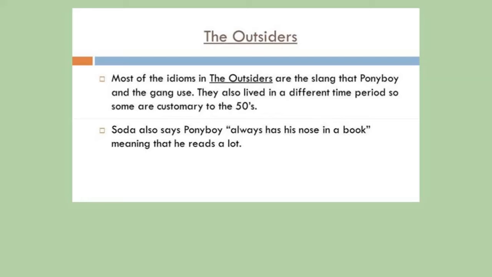One very good example of an idiom is how Soda says that Ponyboy always has his nose in a book, meaning that he reads a lot. These are just some types of figurative language that the author uses to help us, the readers, understand the situation or the events that are happening.